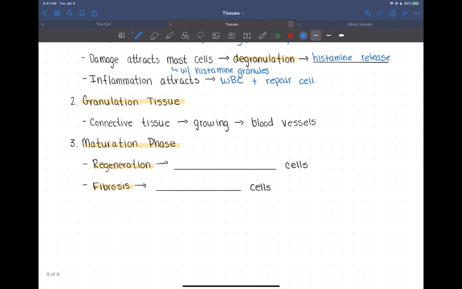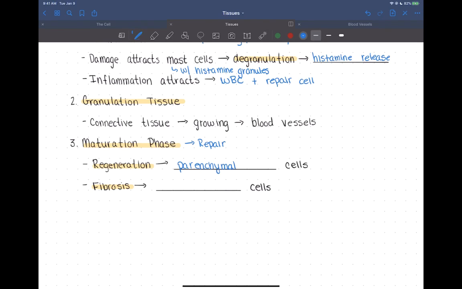And then our last step is going to be maturation, or repair. The maturation phase just involves the final repair process. If this maturation phase involves regeneration, that would be from our parenchymal cells, because remember, they are going to replace that damaged tissue with functioning tissue.